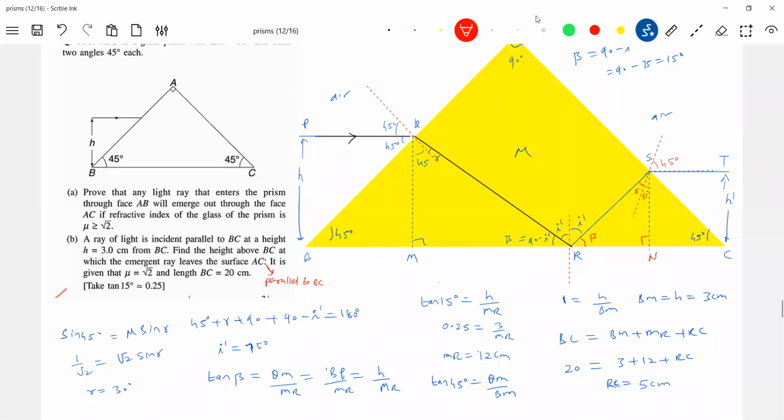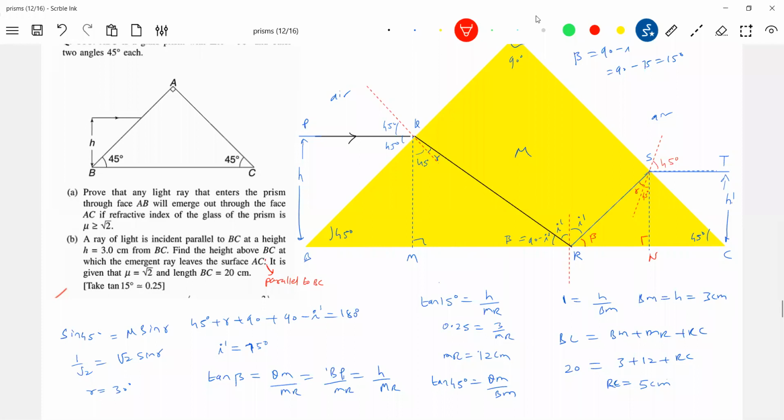Okay, we'll look at the triangle. BQR1 triangle, CSR1 triangle. So BQ by BR should be equal to CS by RC.